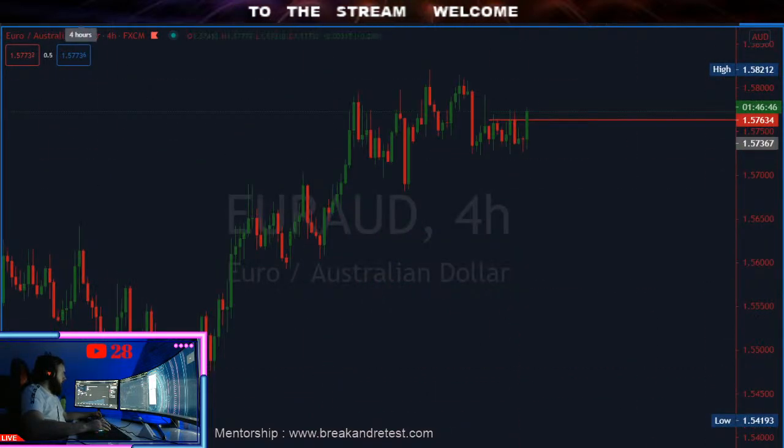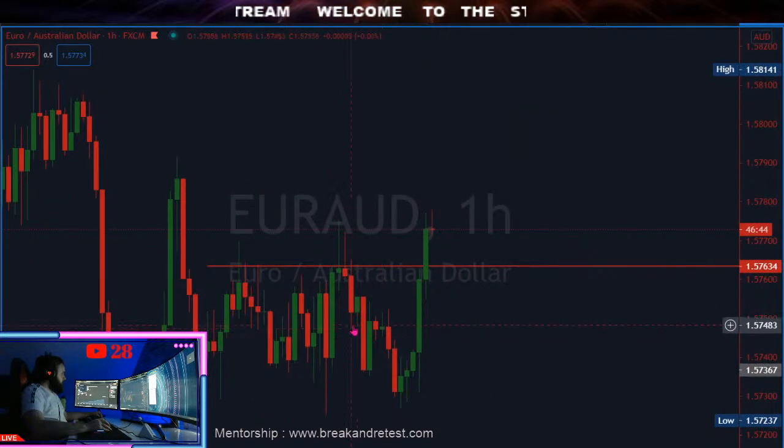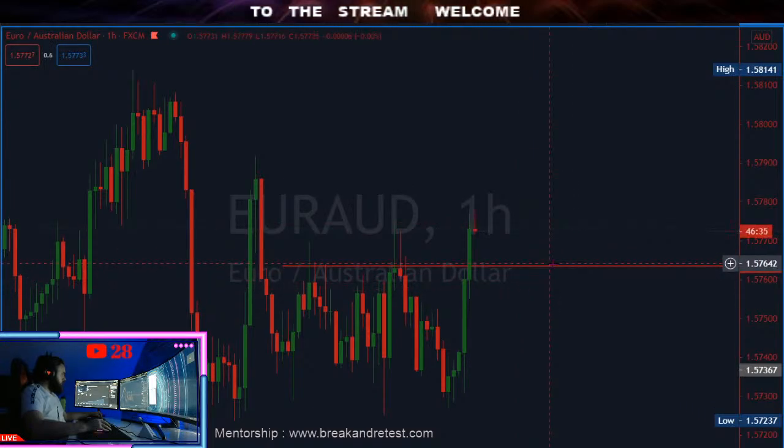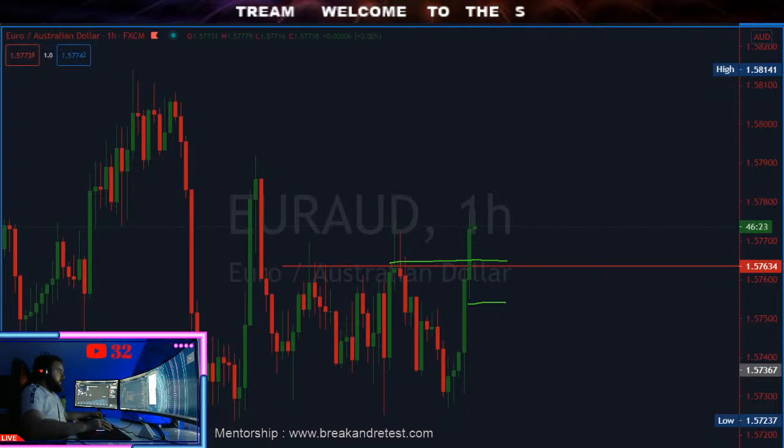Where would you put the first entry? The first entry, it's gonna be around 650, I think. 650 entry around here, and stop loss below this. Take profit, whatever we can get.